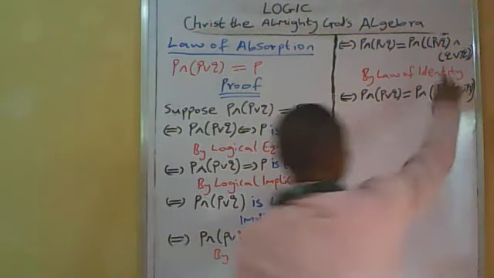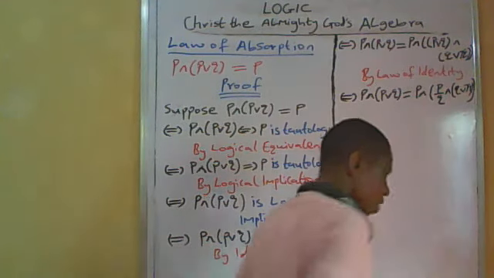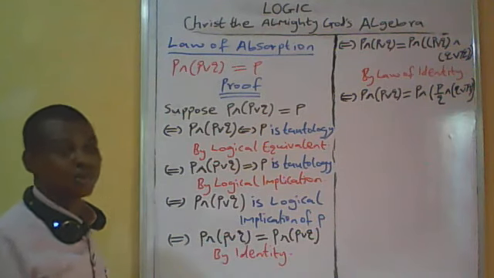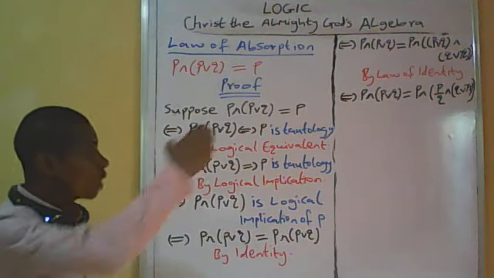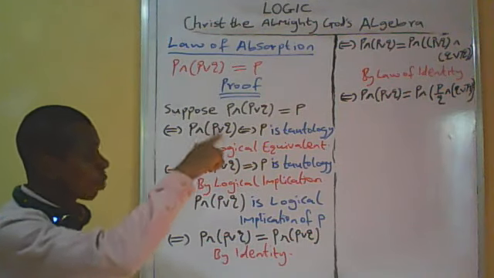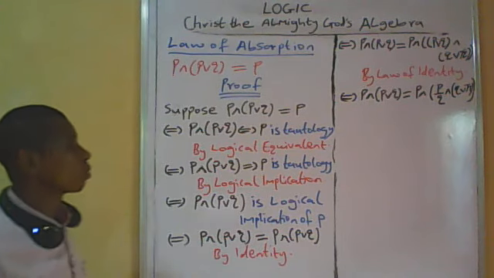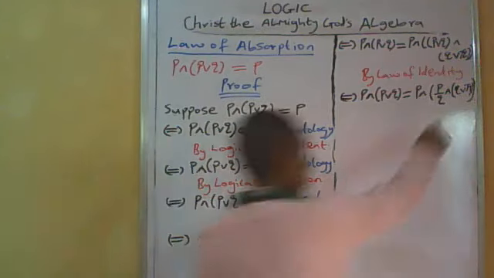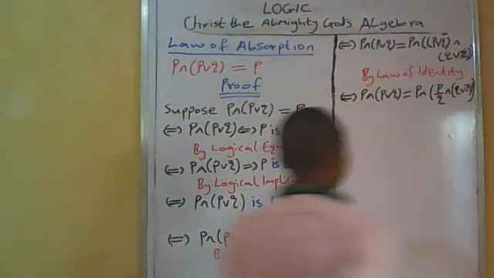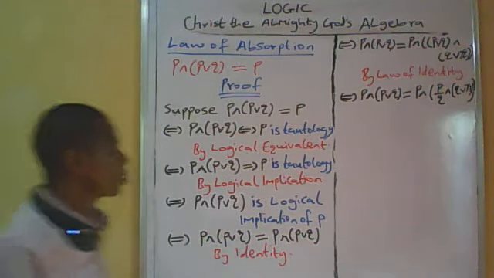We transform this P or Q, that means this disjunctive statement, to a conditional statement, and it is still equivalent. That means you substitute P or Q with the conditional statement, not Q implies P. We then bring down the Q or not Q, and it still preserves equivalence.